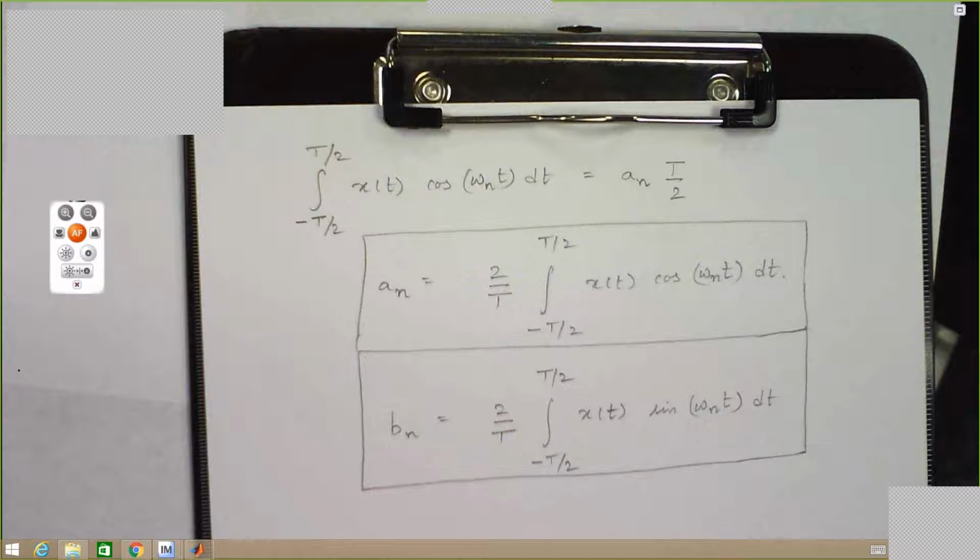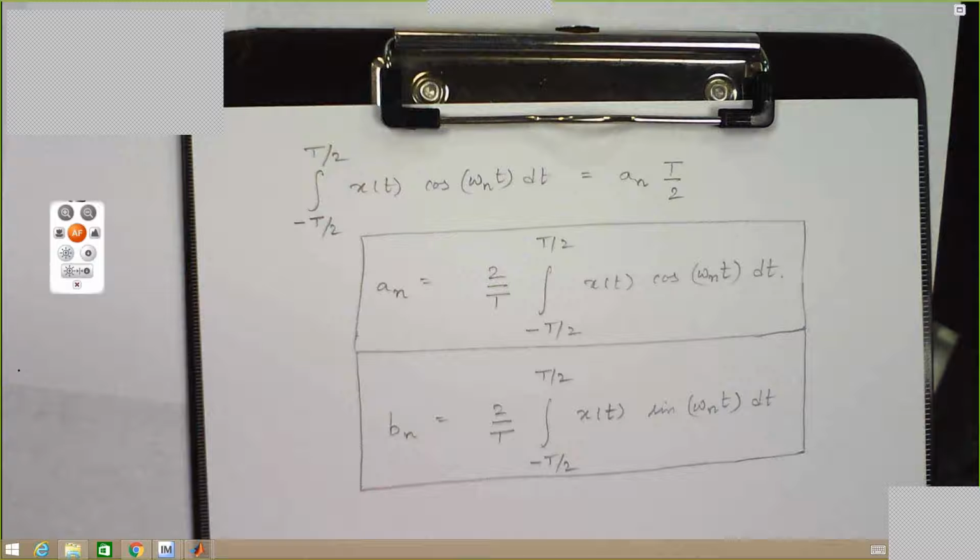So, given any signal x of t, we can find out its Fourier coefficients using these equations. And once we have the Fourier coefficients, our life is made easy because it is all a series of sums of harmonic components, and we already know how to analyze harmonic components.